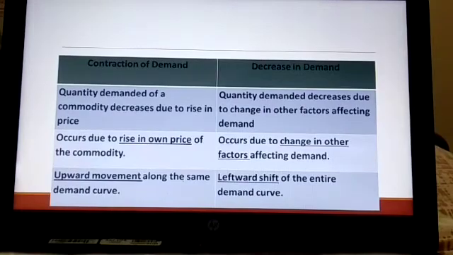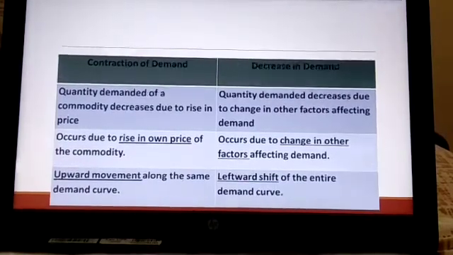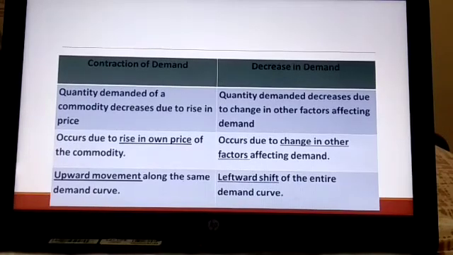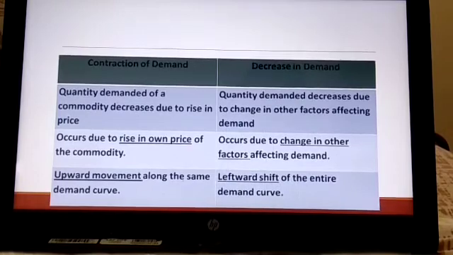Now the last topic, we come to the last topic, that is contraction of demand and decrease in demand. Again, both are the concept of movement and shift. Contraction is a concept of movement along the same demand curve and decrease in demand is a concept of shift in demand curve. In both the cases, definitely the demand decreases, but the reasons are different.